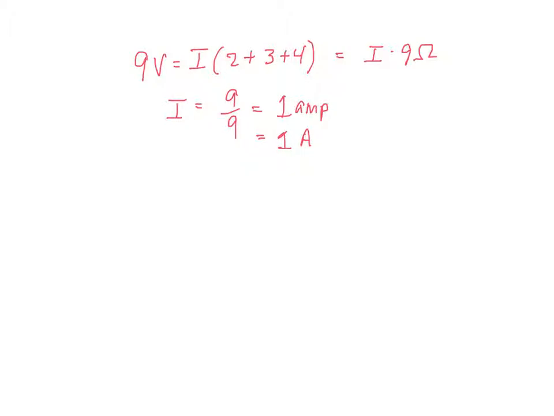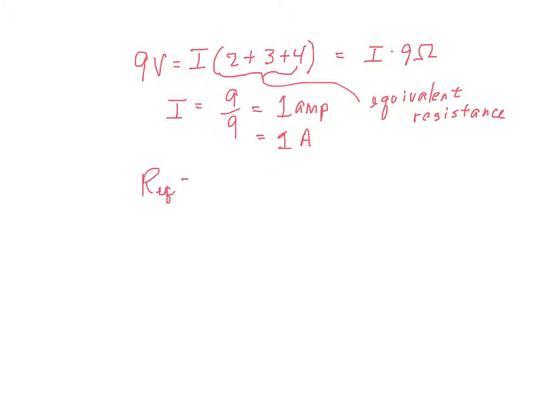Now, this part of the equation up here is called the equivalent resistance of the circuit. Okay, and for any time you have a series circuit, you can find the equivalent resistance by simply adding up the resistors in series. So I'm going to make the symbol like this.